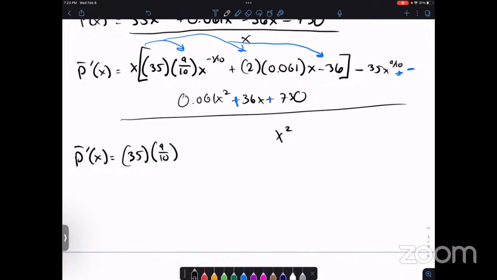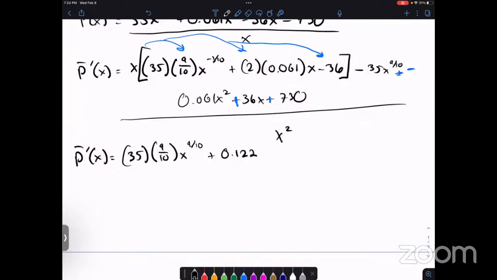Now that's going to become what? 10 minus 1 is 9, so there's going to be x to the power of 9/10. What is that? It's 12. So 122. So I'll go ahead and multiply those. I think it's 122 like that.